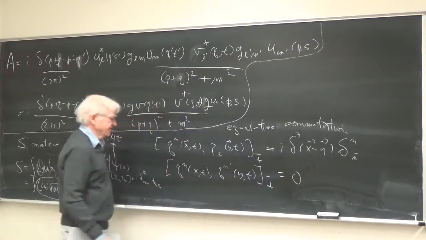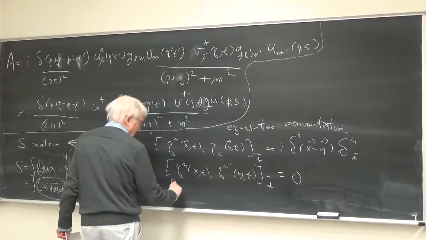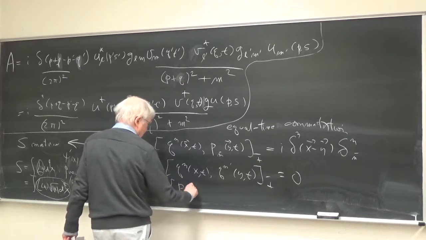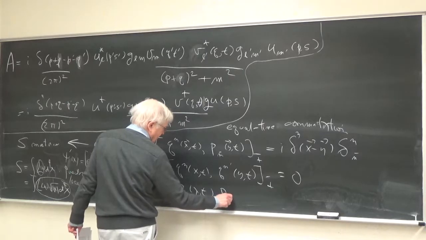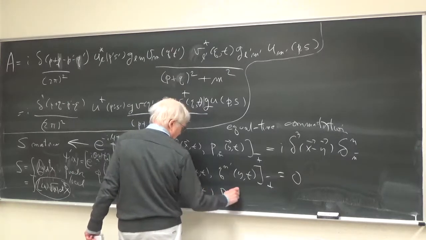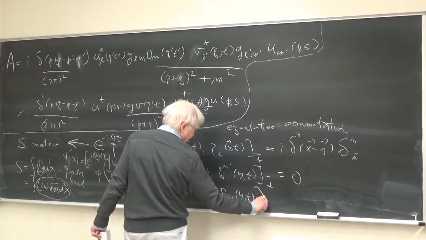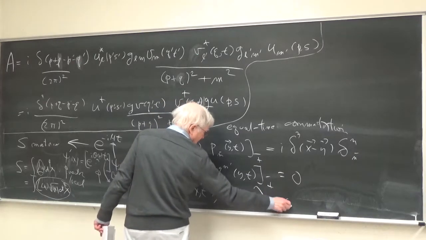And then the adjoint of this, or, well, it would be p_n of x and t, p_n-bar' of y and t, minus plus also is 0.